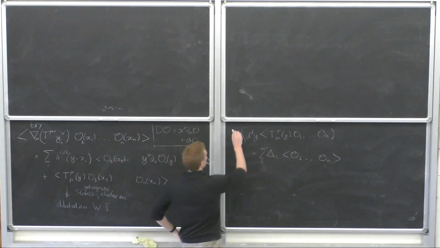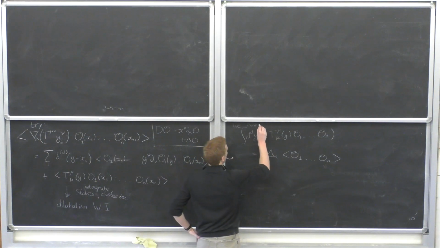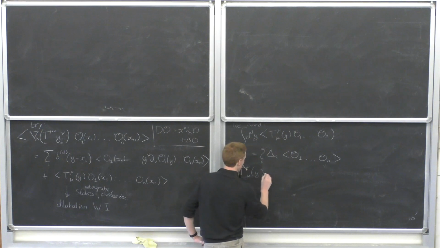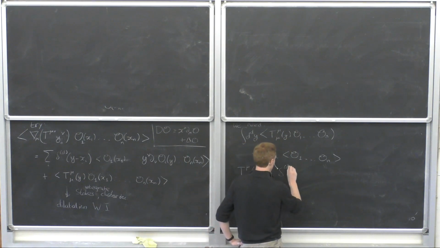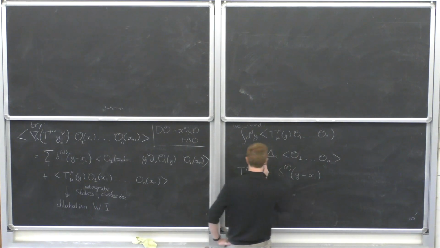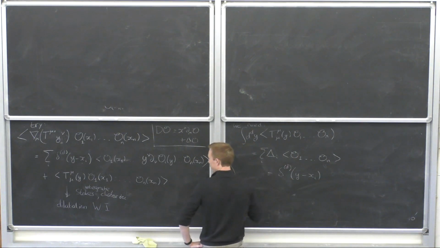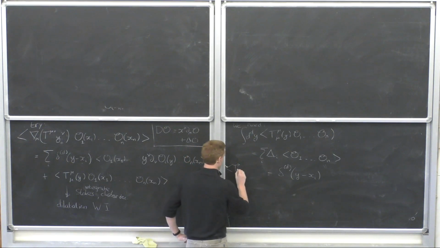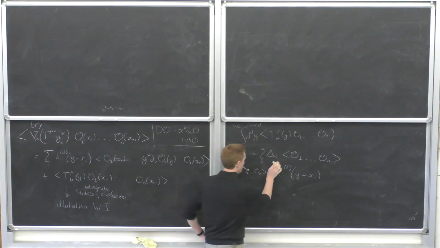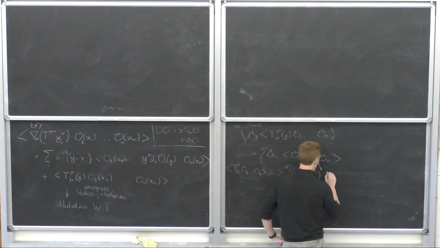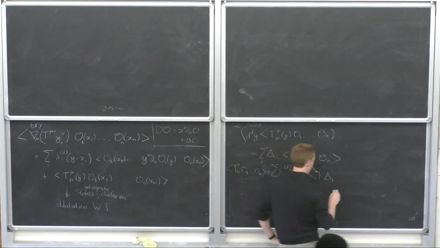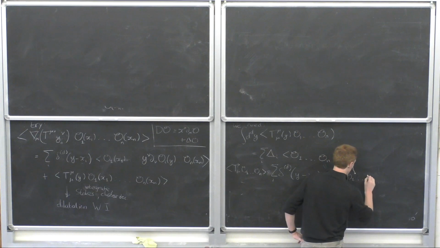So T_{μμ}(y) O_1 to O_n should be something like delta functions, Δ_i summed over i, times O_1 to O_n.